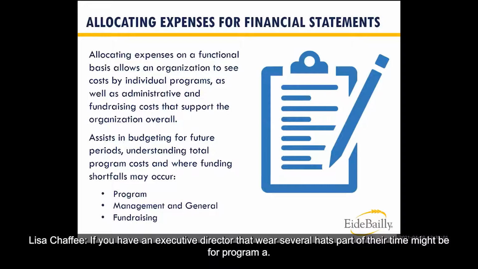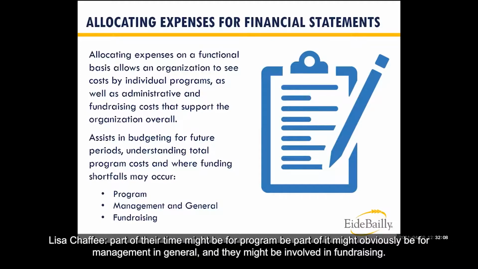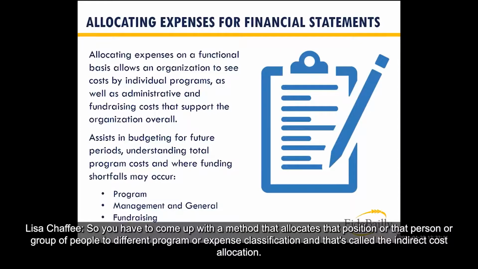If you have an executive director that wears several hats, part of their time might be for program A, part for program B, part for management in general, and they might be involved in fundraising. So you have to come up with a method that allocates that position or that person or group of people to different program or expense classifications, and that's called the indirect cost allocation.